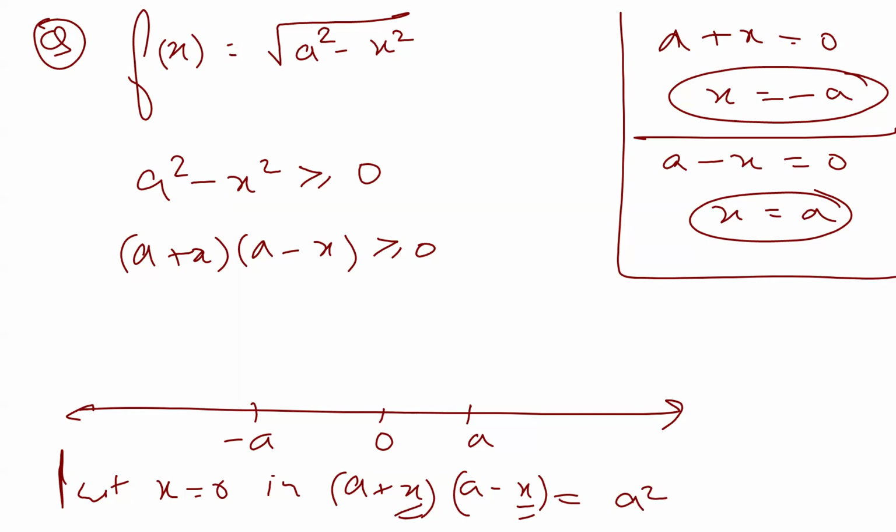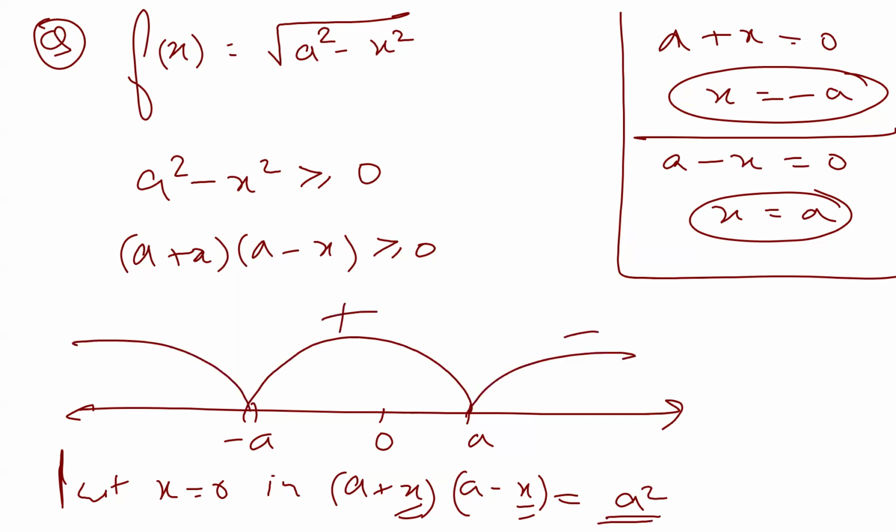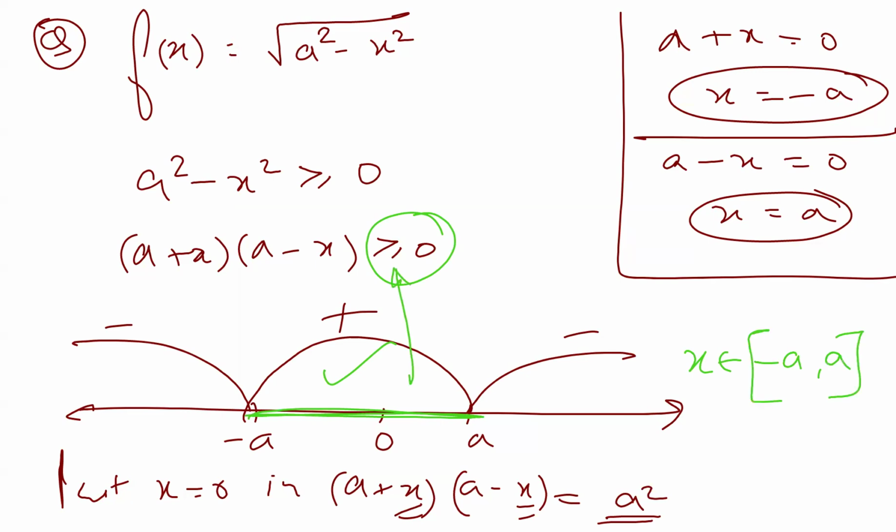So this entire term is positive and the adjacent terms are negative. Now since we require greater than or equal to 0, we'll have to consider the positive region. So x lies between minus a to a. Since there is an equal to sign and no denominator, both are included. So the domain over here is minus a to a.